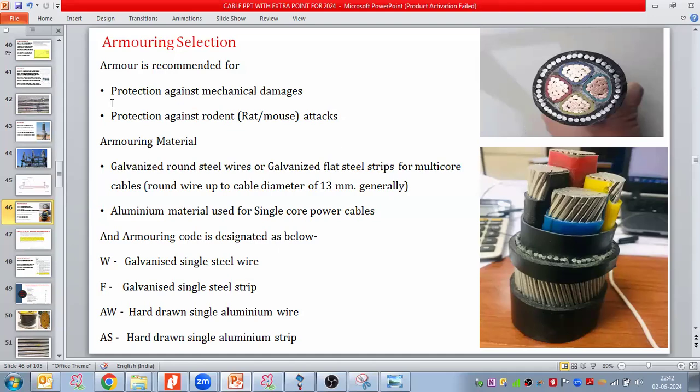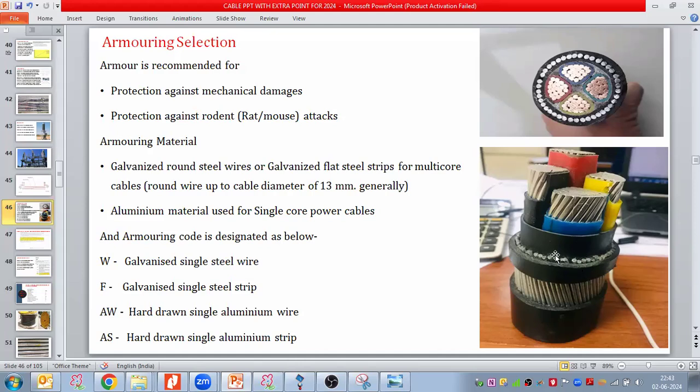So this armoring is recommended for protection against mechanical damage. Because this cable is exposed in the environment, there is a possibility of mechanical damage to this cable.